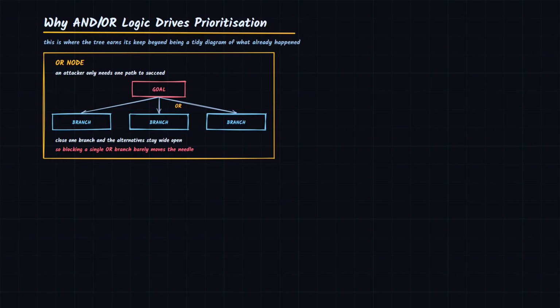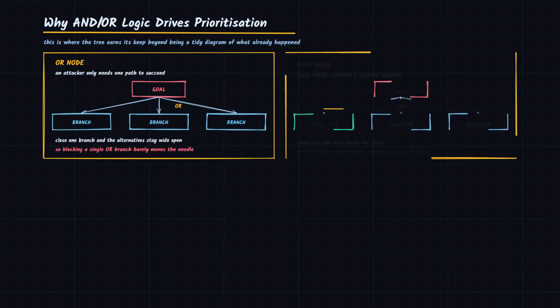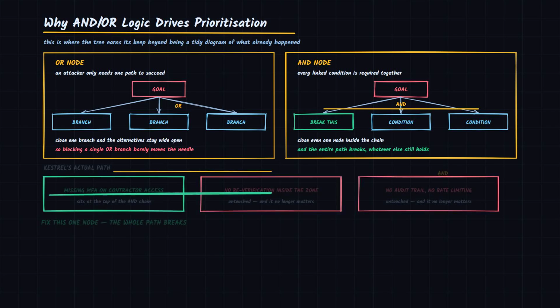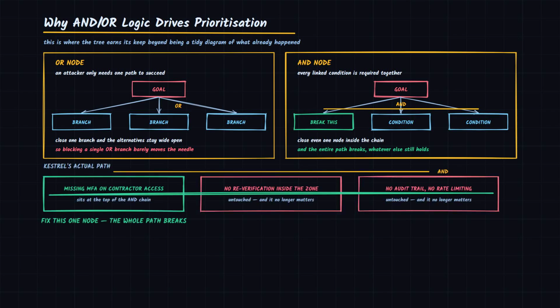AND nodes mean every linked condition is required, so closing even one node inside an AND chain breaks that entire path outright, regardless of whether the other conditions in the chain still hold. Look back at Kestrel's tree with that in mind, and the priority becomes obvious in a way a flat list of findings never quite makes clear. The missing multi-factor authentication on contractor access sits at the top of an AND chain.